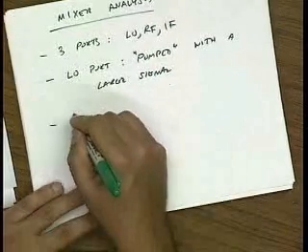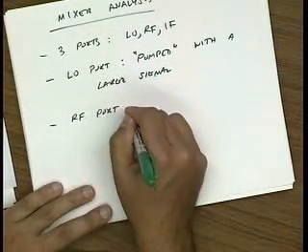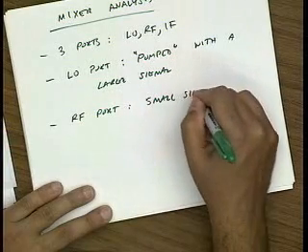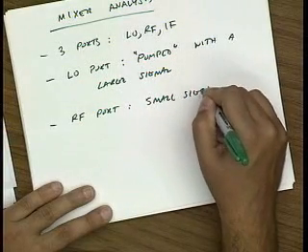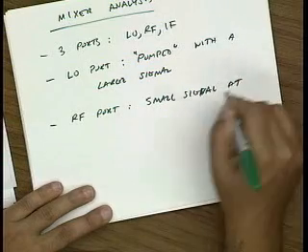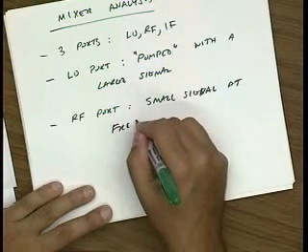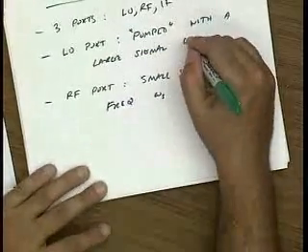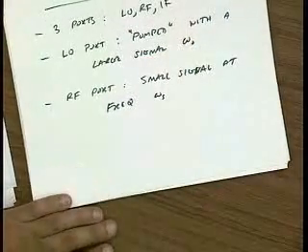And we're also going to assume that the RF port is basically a small signal at some frequency omega s. And let's call this pumping signal omega naught.